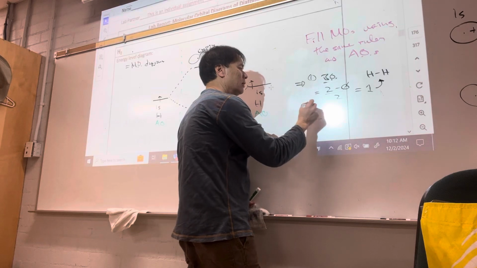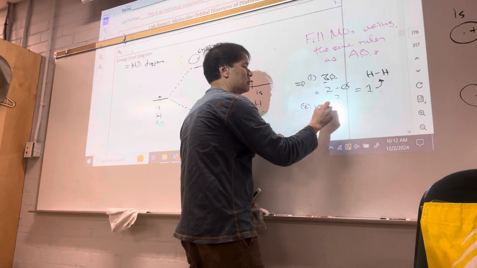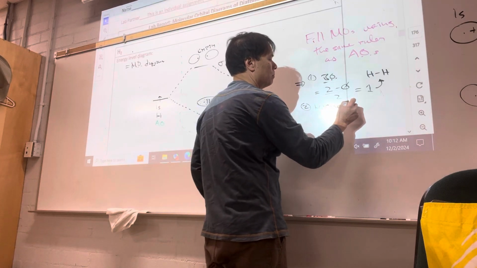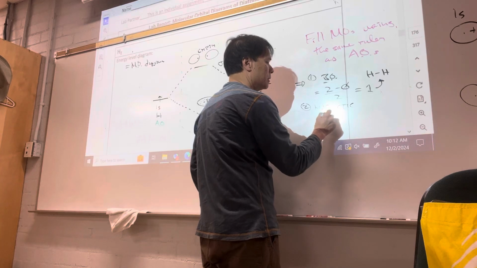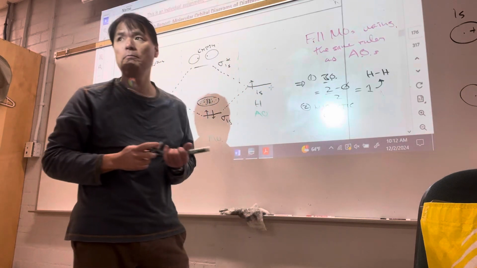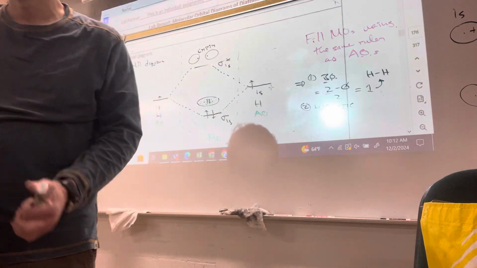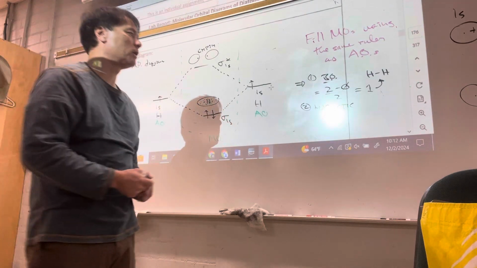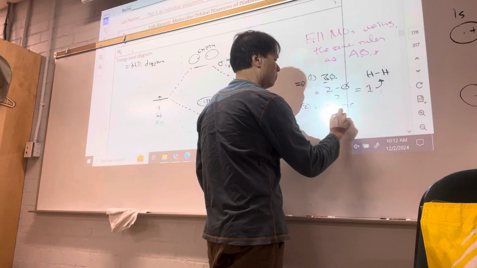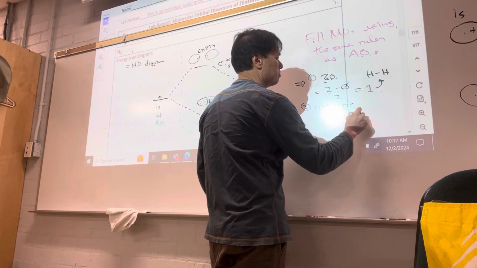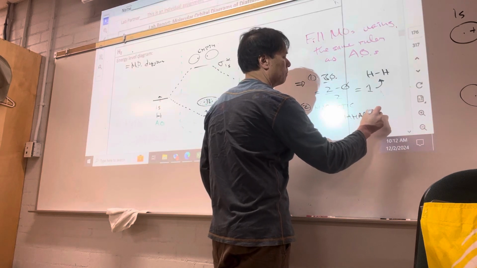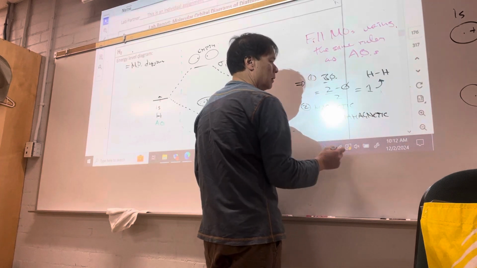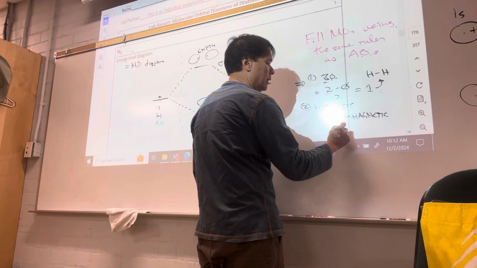And the second thing is we go for the magnetic properties. In terms of magnetic properties, we have 2 big ones that we worry about: diamagnetic and paramagnetic.